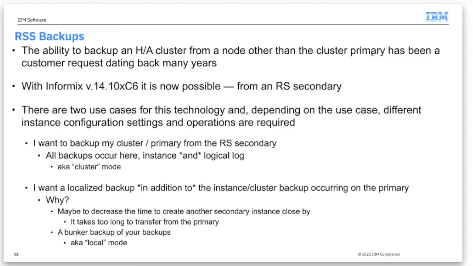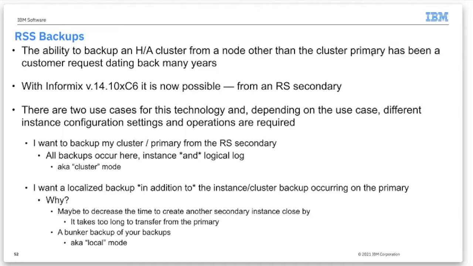Then there's also what I call a localized backup, and this is a backup to your backup. This is a backup from the RS secondary that is in addition to and supplements the backup that is occurring on your primary. Why would you want to do this? Well, you have your main cluster backup being stored in this location and on these servers or these files, and you can have a bunker backup that's stored someplace else.